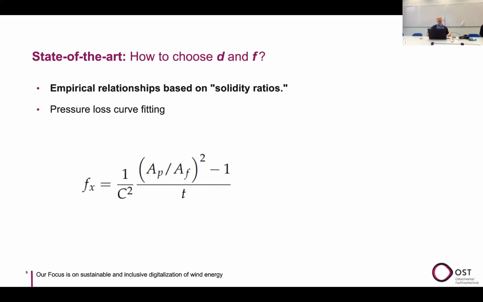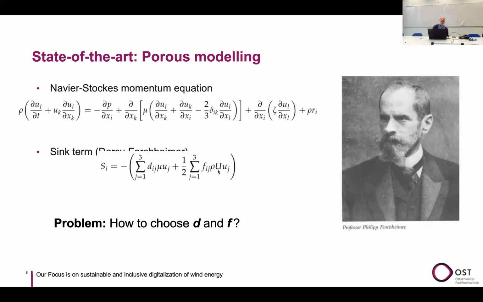So we take a perforated screen, we see how many holes there are, what is the full area, what is the empty area, and we can calculate using these empirical coefficients what the resistance terms will be. One thing to note is that this is only in one direction, only fx, but as you saw before, it's actually a tensor.